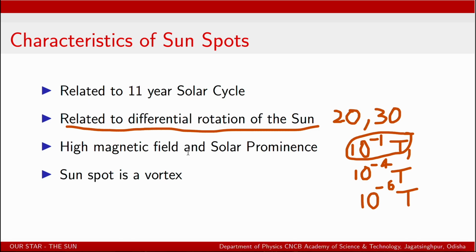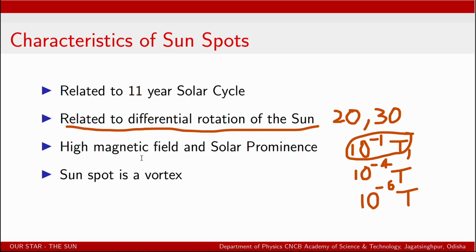But if this process is disrupted, then the energy transfer is also disrupted. So this energy is not transferred that efficiently to the upper edge. That's why the sunspot region remains comparatively cooler than the adjoining region.